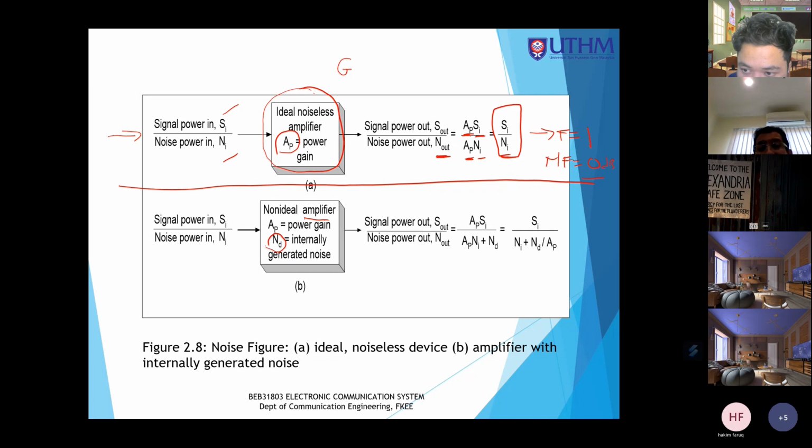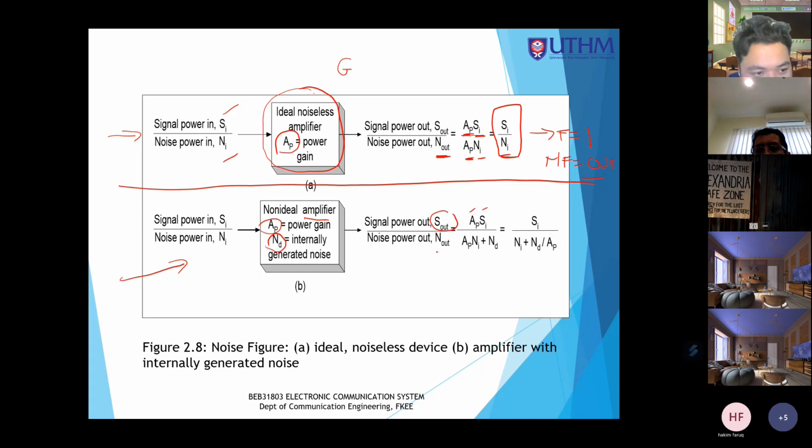Okay, so what happened now? So if you see from here, we're going to have input signal power and also input noise power. Then this amplifier has a gain of A and it produces additional noise. So what happened at the output? So the output, if you see from here, S out is equal to gain multiplied with input signal power, A times SI.